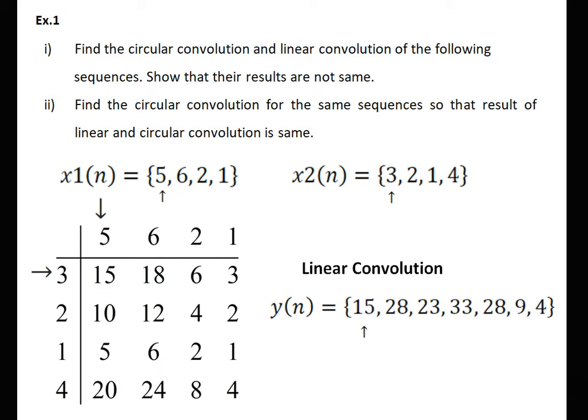Two signals are given, x1 of n and x2 of n, having length 4. Therefore, the number of terms in the linear convolution is 4 plus 4 minus 1, which is equal to 7. Here the linear convolution is obtained by using the matrix method, and the 7 terms are 15, 28, 23, 33, 28, 9 and 4.